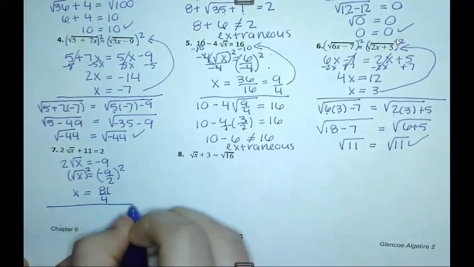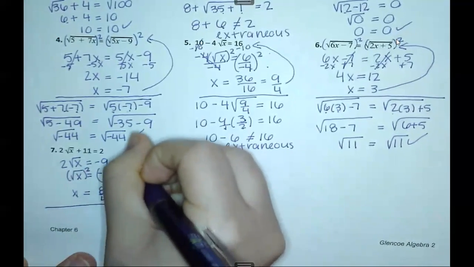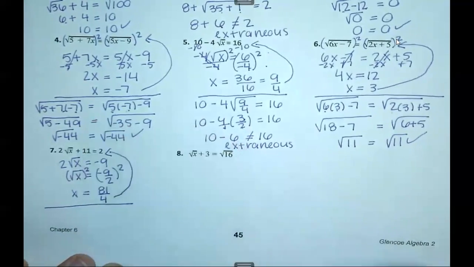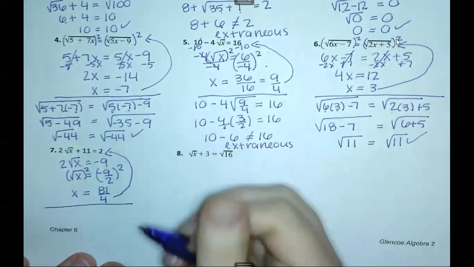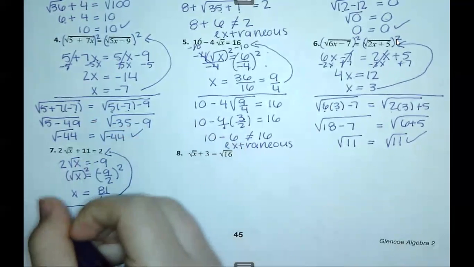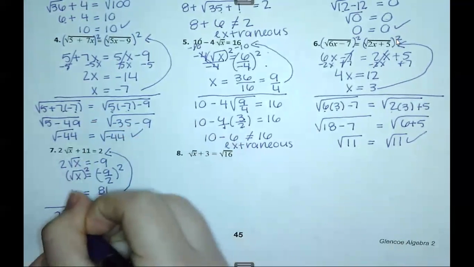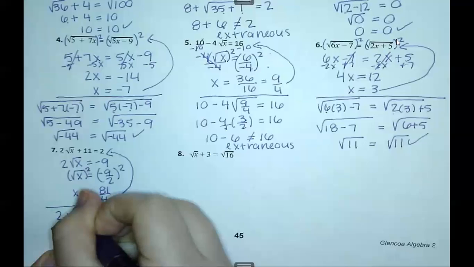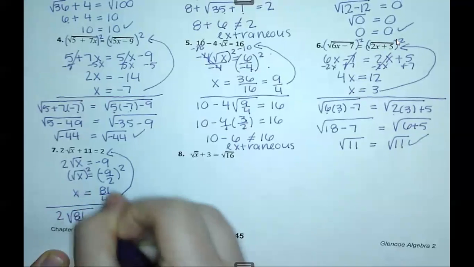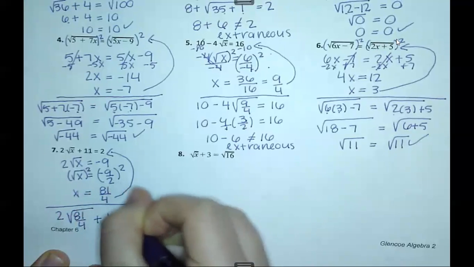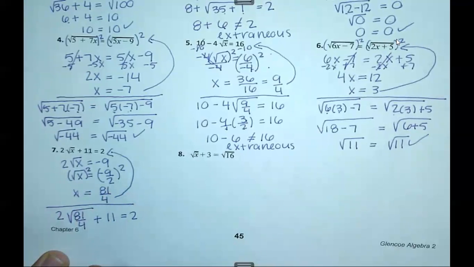All right, now we're going to need to plug this in to the original and see what we get. So we would have 2 times the square root of 81 over 4 plus 11 equals 2.